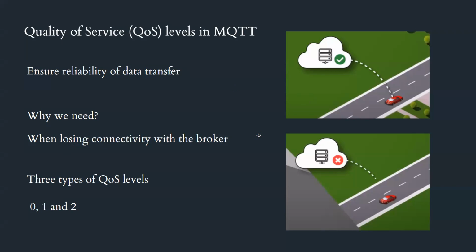MQTT is one of the IoT-specific protocols that are used due to several reasons, such as reliability of the transmission and latency. That means it has reliability, and it has a low delay in transmission when it's doing the communication.